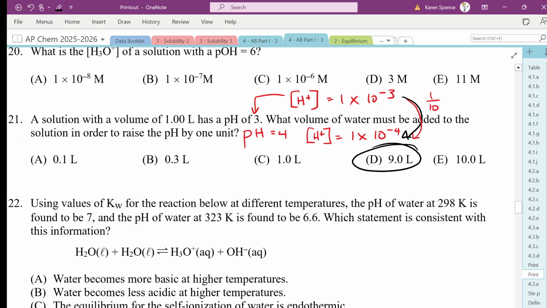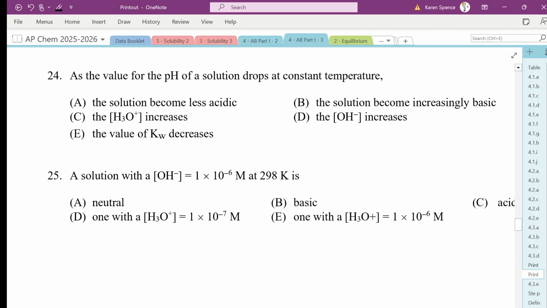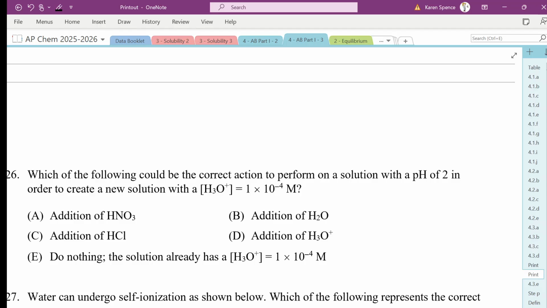26, yeah. Okay, so what do we need to do to go from pH 2, which is 10 to the negative 2 molar H plus, to create a new solution where our H plus is 10 to the negative 4 molar H plus?